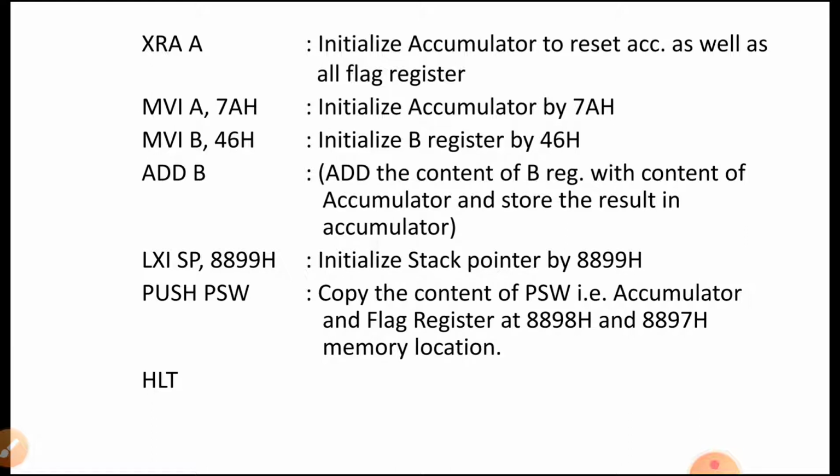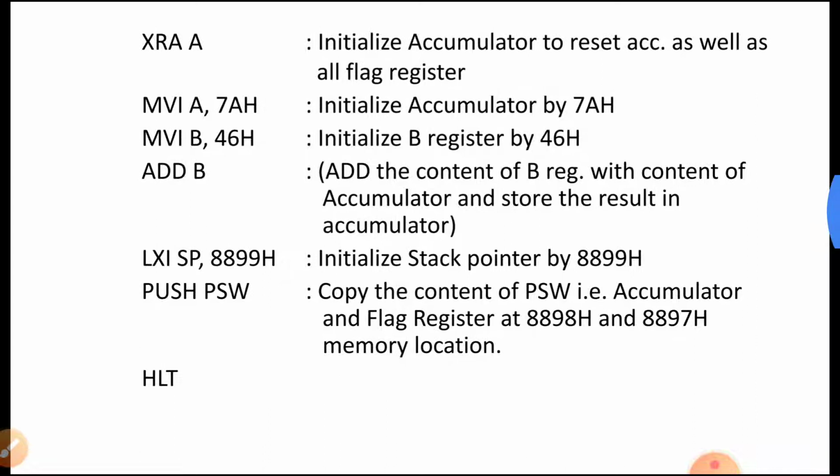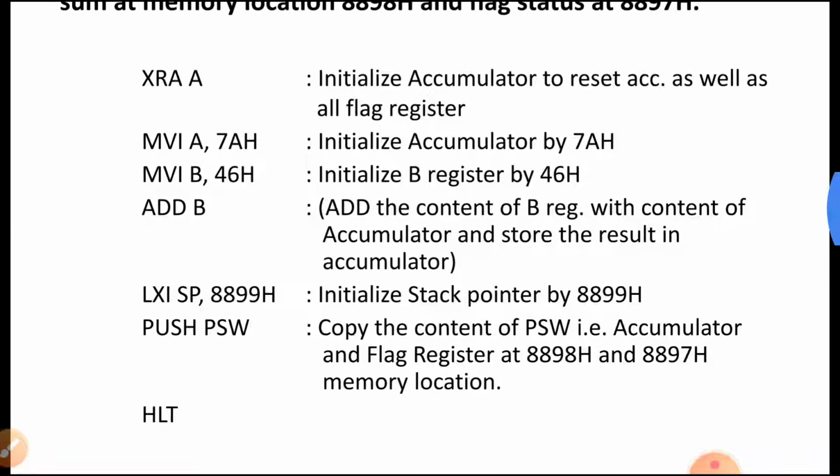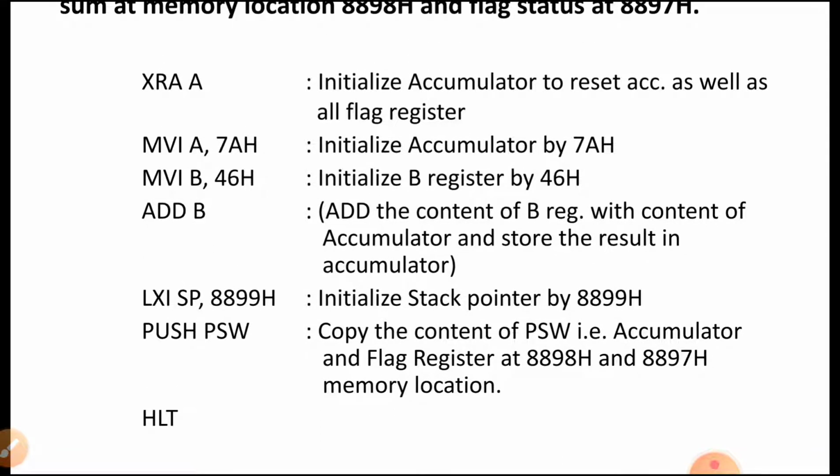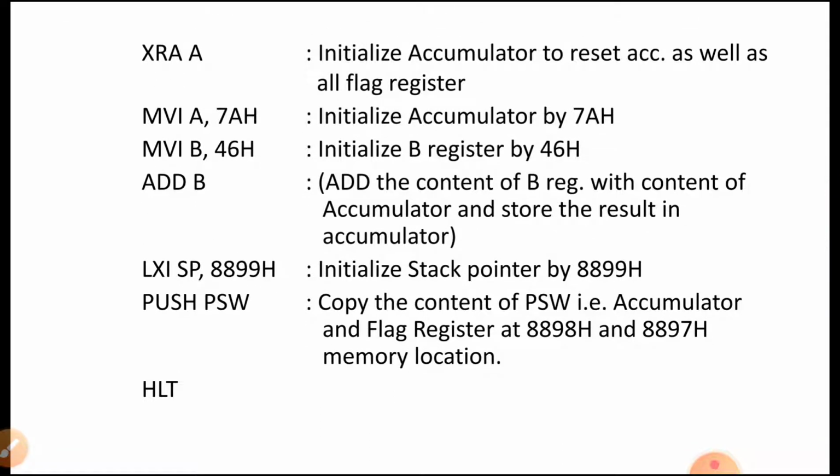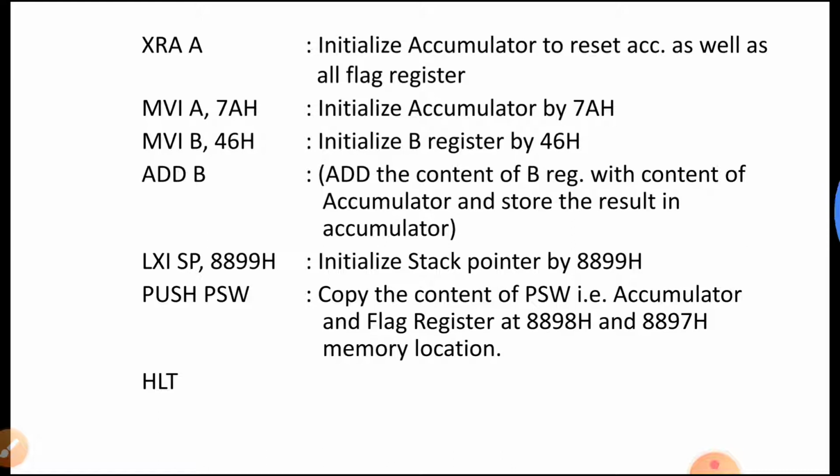And out of that, four flags, carry, zero, parity and sign, will be modified by adding these two numbers. So the sum is available in the accumulator after using the ADD B instruction, and the flag status will be in the flag register.